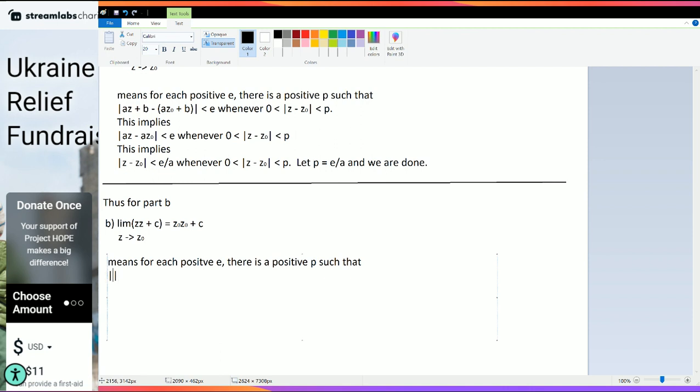the distance between z squared plus c and z naught squared plus c is less than epsilon whenever the distance between z and z naught is less than delta.